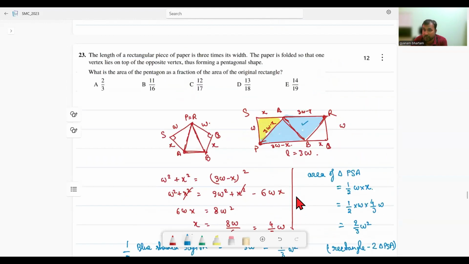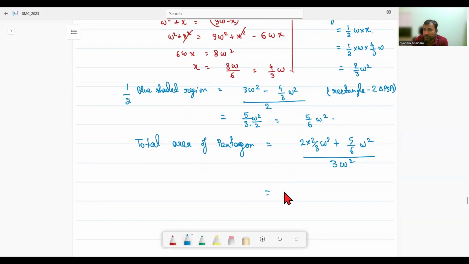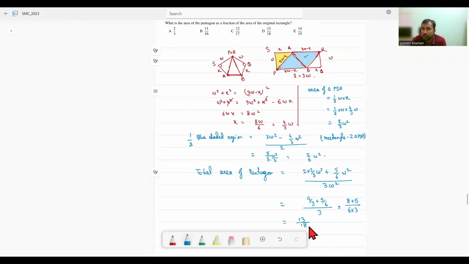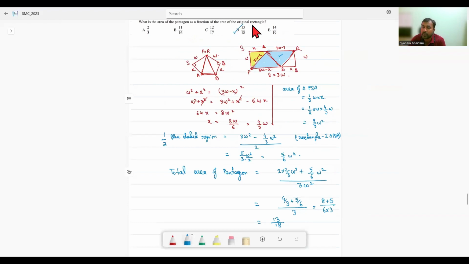We want to find a fraction. So we have 4/3 plus 5/6, divided by 3, which gives 8 plus 5 over 6 times 3, so 13 over 18. That's the fractional area we have.